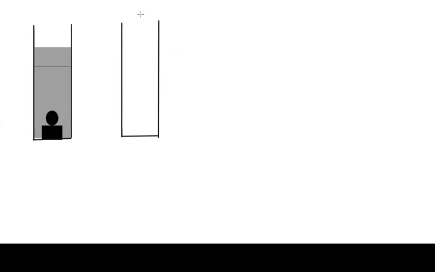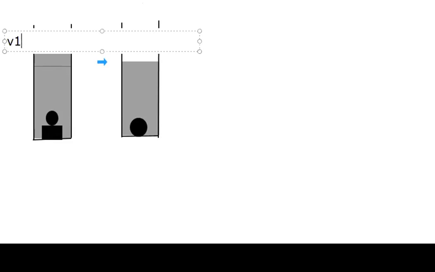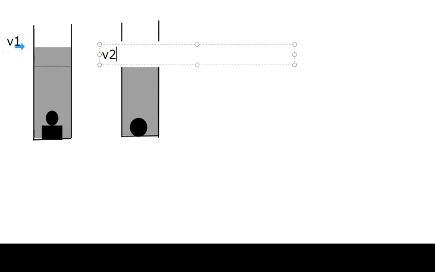And now I will be removing the wooden block and will just be putting the brass. So now these are my two volumes. Let this be my volume 1, and this be my volume 2.